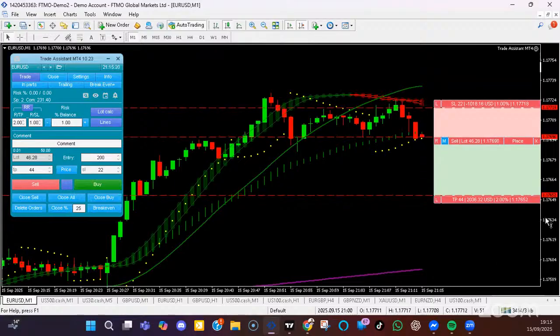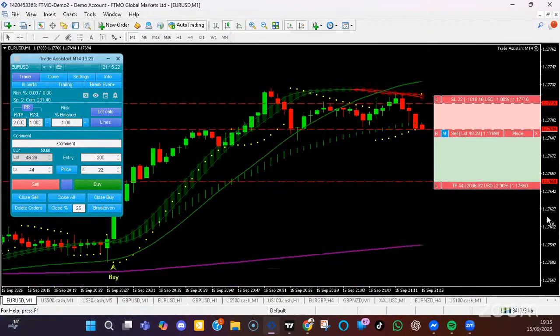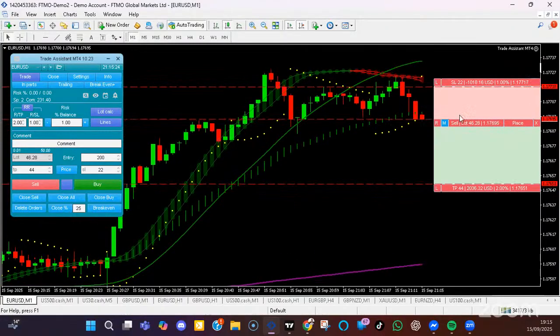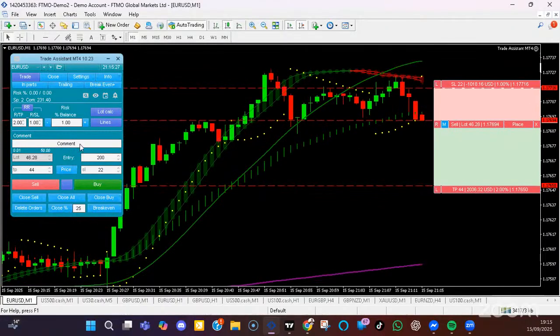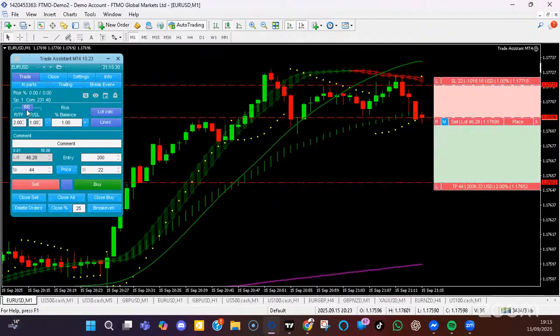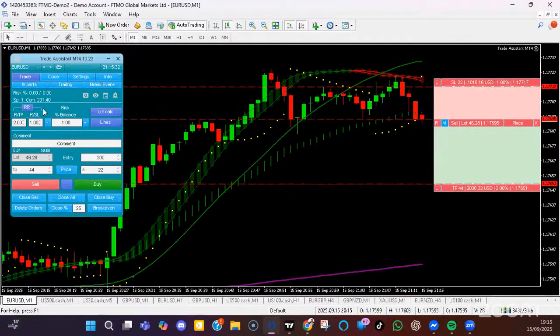So we could have ourselves a sell on the EUR USD, keeping 2.2 pips away as there. Make sure your risk reward is in purple, your lot calcs in purple, the all important 1% you risk per trade.